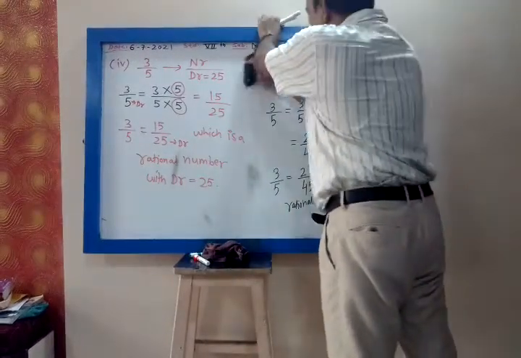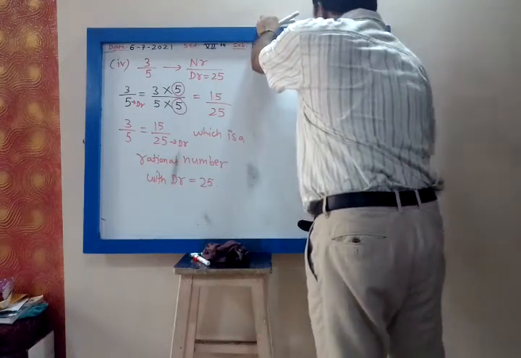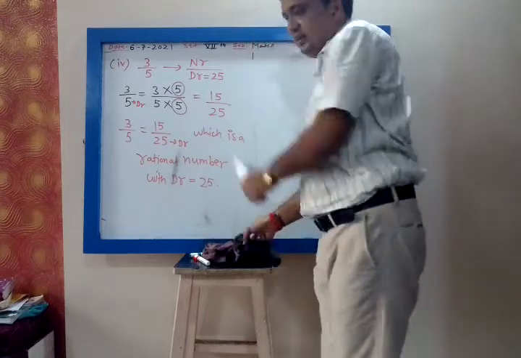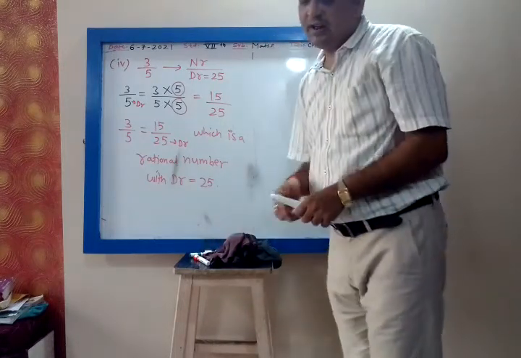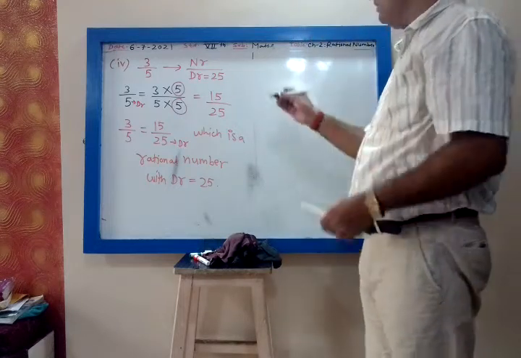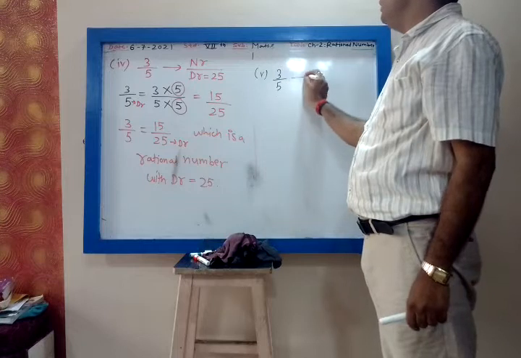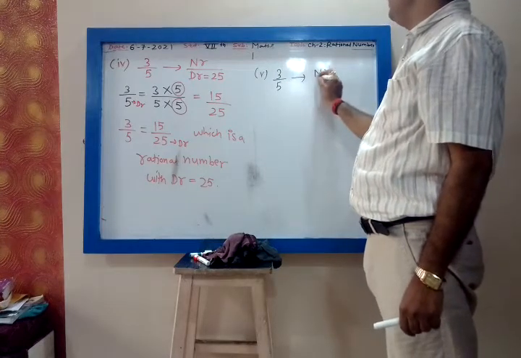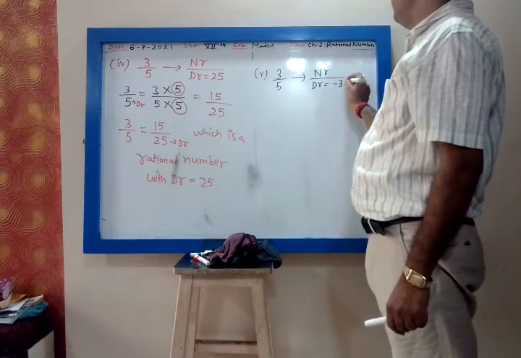And fifth one is 3 upon 5. You have to write the rational number with denominator minus 35. So 3 upon 5 is the rational number. This we have to convert into another rational number with denominator minus 35.